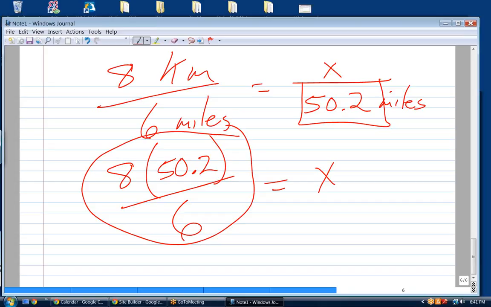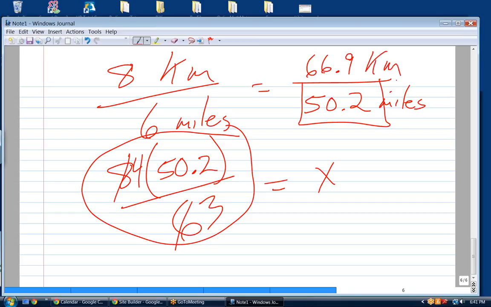Yeah, because I reduced this to 4 over 3. Okay, so what is x? Let me do 200.8 divided by 3 equals 66.9.